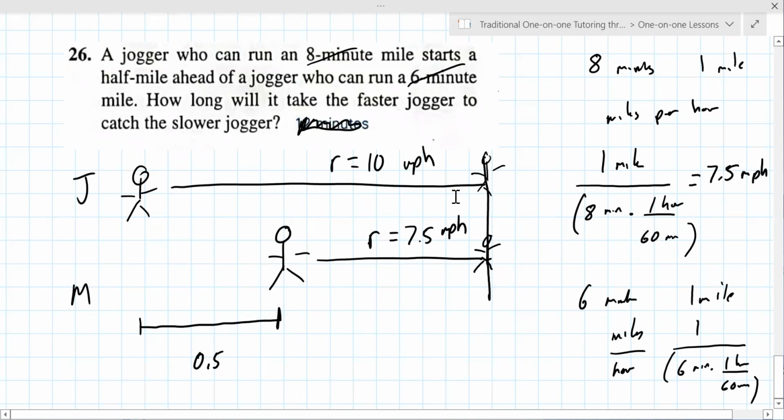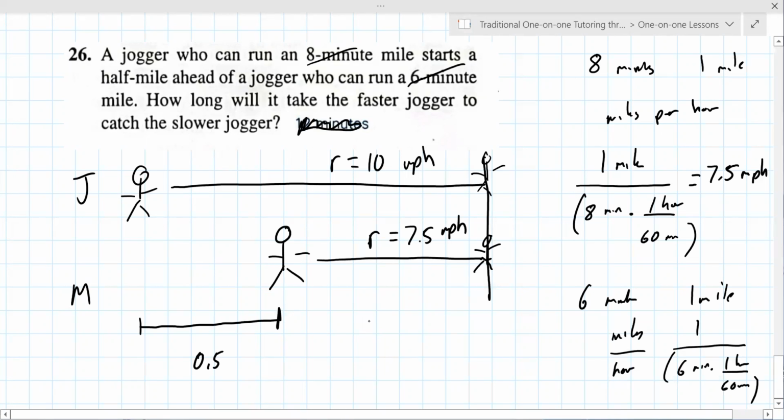Let's say, for example, it takes you 10 minutes to get here. How long does it take me to get there? Less time. The times are the same.